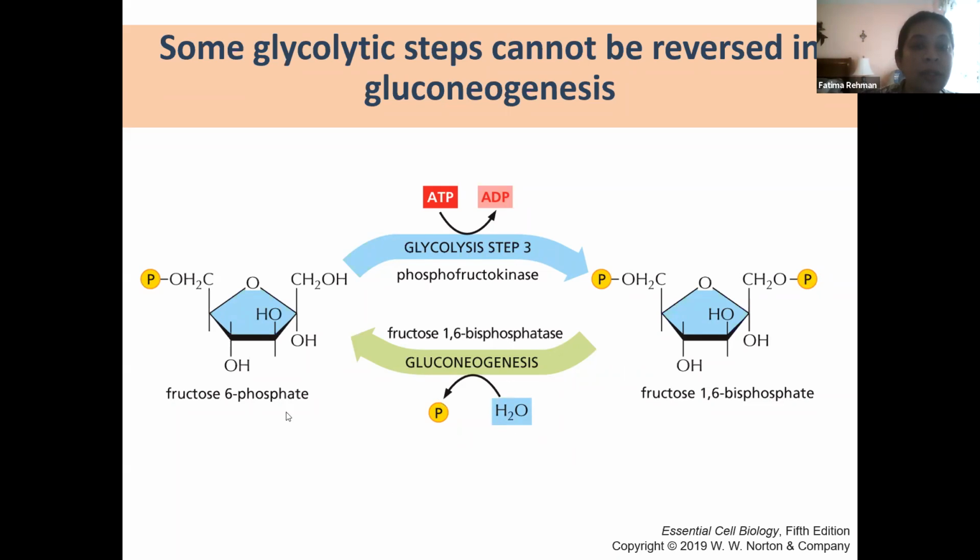It does so through hydrolysis. It breaks this down with a water molecule to release the phosphate from this fructose 1,6-bisphosphate to convert it back into fructose 6-phosphate. So you're not getting an ATP as a result. It cannot do that. Instead, you're just releasing the energy like you would in a typical macromolecule breakdown.